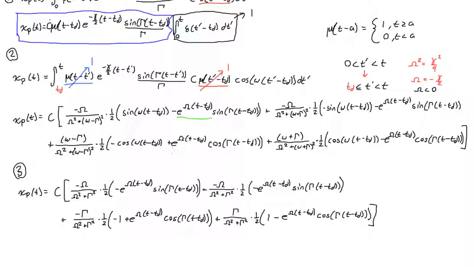All these little exponentials are going to go to zero after a long time, right? So eventually we're just going to be left with sinusoidal behavior, but it's going to be with frequency omega, right?